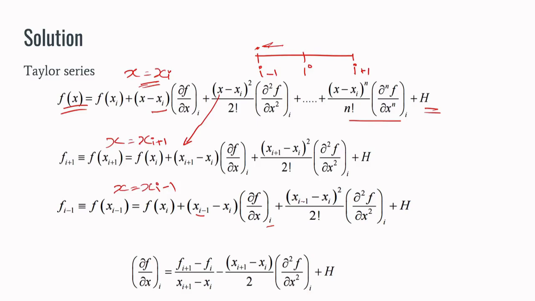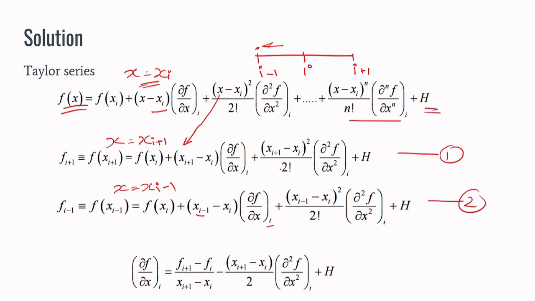We are considering this point, not the backward direction, sorry. Again (x i minus 1 minus xi) the whole square by 2 factorial ∂²f/∂x² at i plus higher order terms. So let us call these two equations, equation 1 and equation 2.